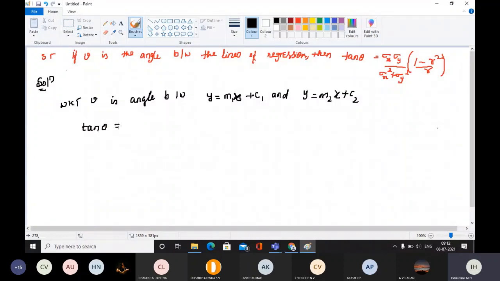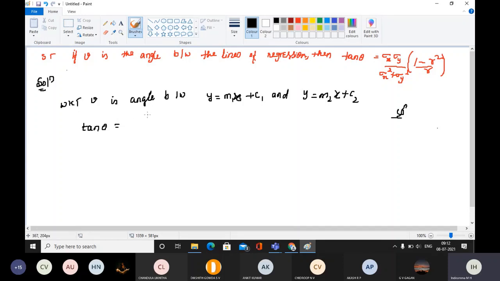If m1 and m2 are the slopes of the two lines, how to define tan theta?